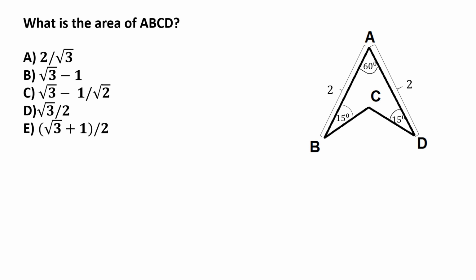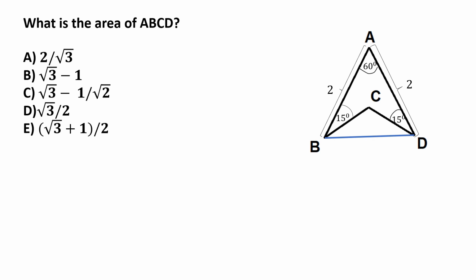And in this case, it's actually pretty obvious. If you join BD, then you get this triangle ABD, right? And you can find the area of the shape ABCD by subtracting the area of the triangle BCD, which is a smaller triangle, from the bigger triangle, triangle ABD.